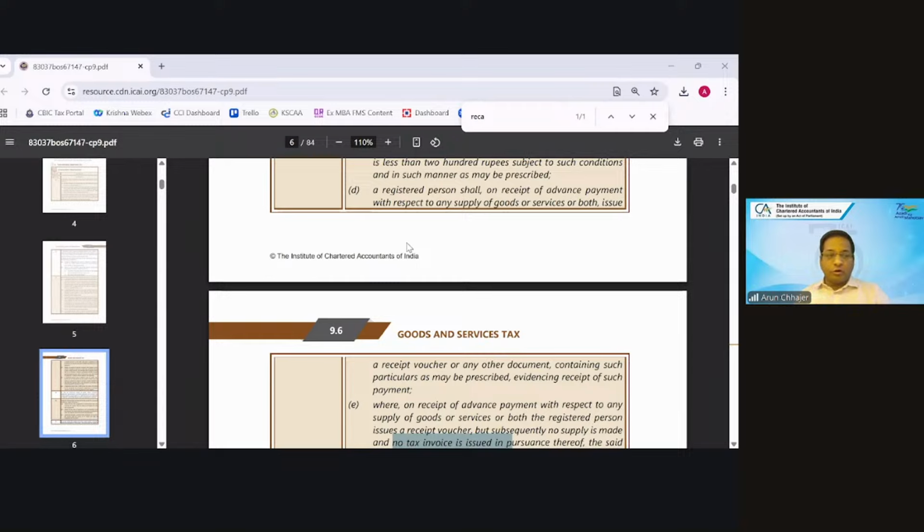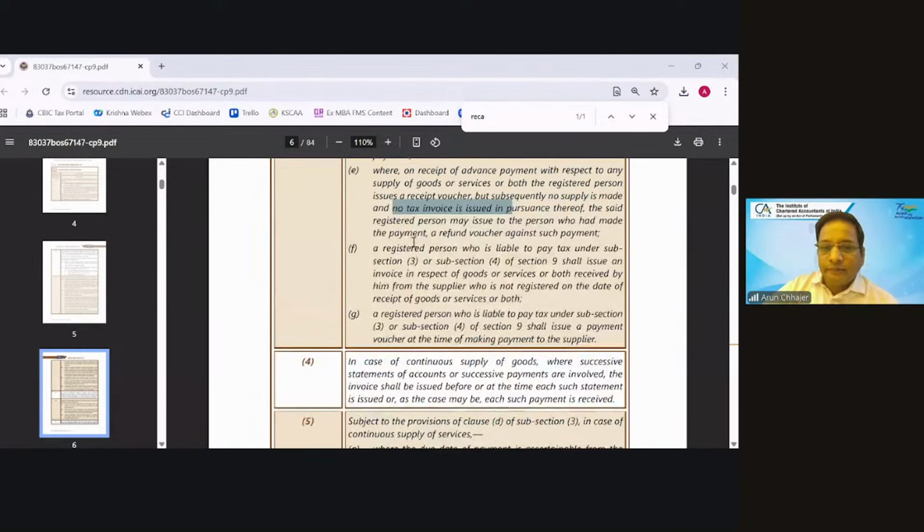Only refund voucher, not the refund payment. Then the said registered person may issue the refund voucher.